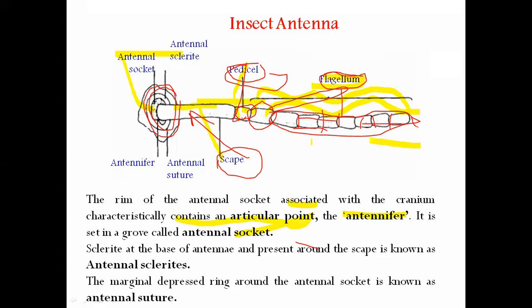The antenna may also have hairs, as in the water beetle, to facilitate swimming, and also test hairs. So it is helpful for reproduction too. So the insect antenna has several functions.